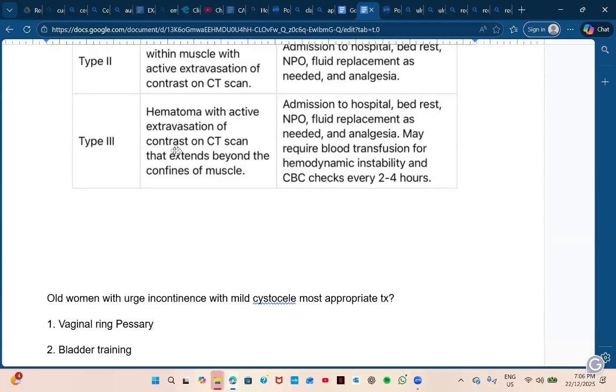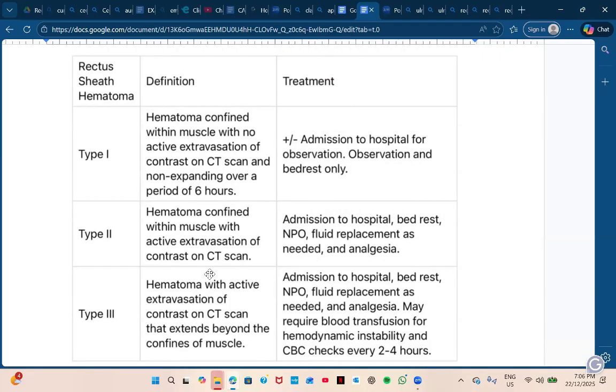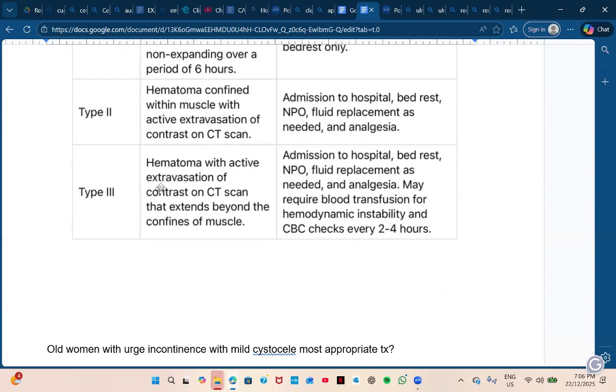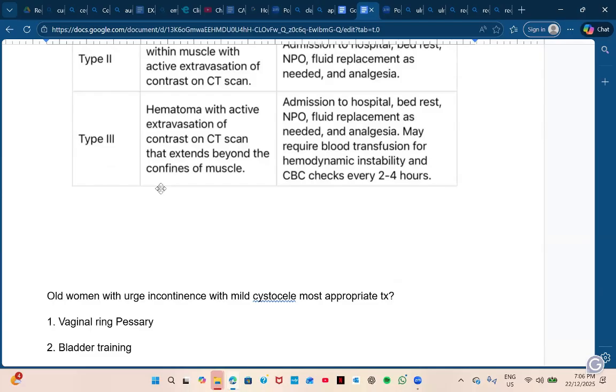Then type 3: hematoma with active extravasation of contrast on CT that extends beyond the confined muscle. These two are still inside the muscle, right? But type 3 means active extravasation outside the muscle. In that case, we have to do surgery plus blood transfusion.